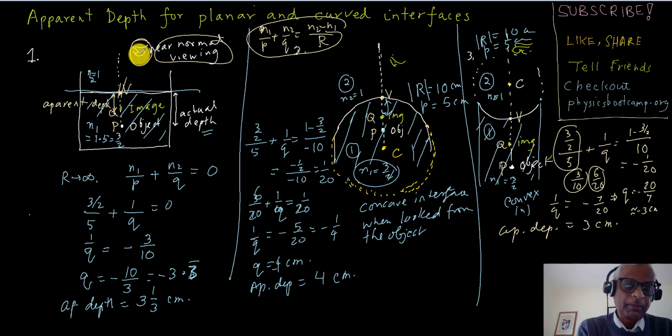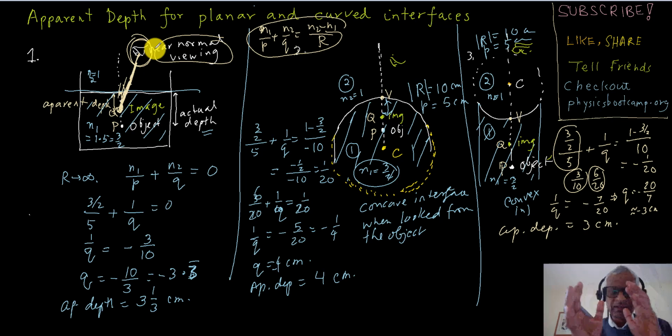So what you see apparently is a virtual image. The object is here, but what you're looking at in an optical system is actually the image. So the image is here, and you're looking directly at the image. The object is here, but there's no straight ray from here to here.